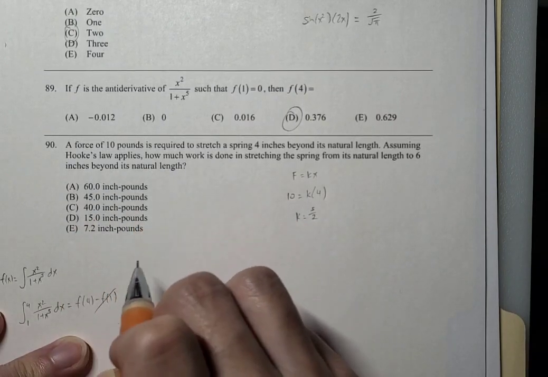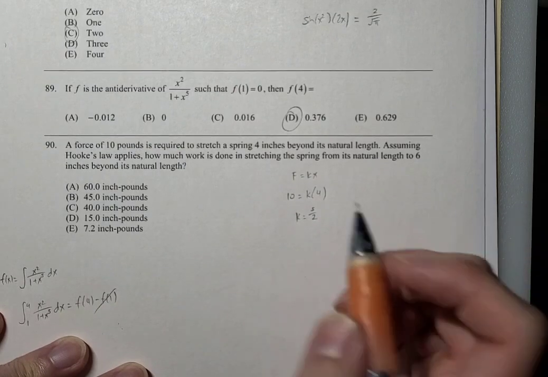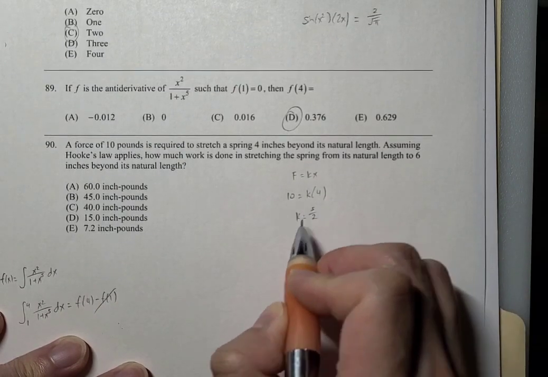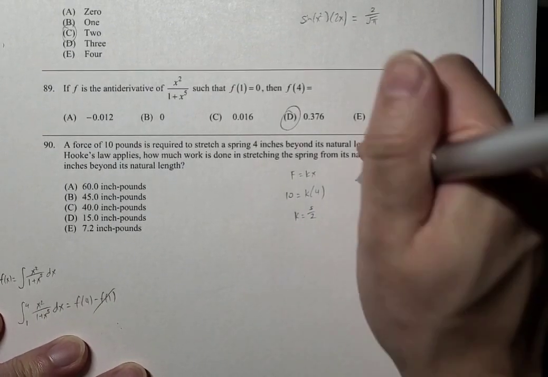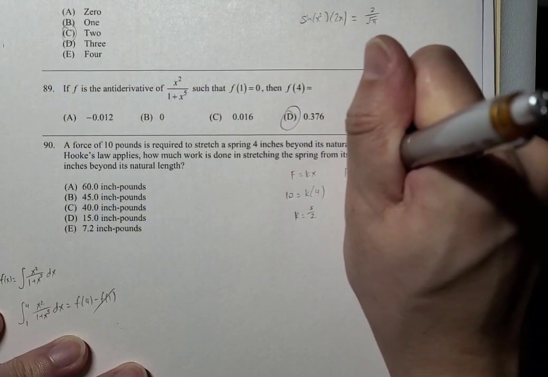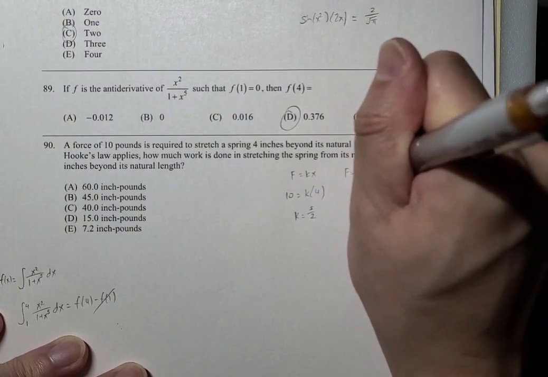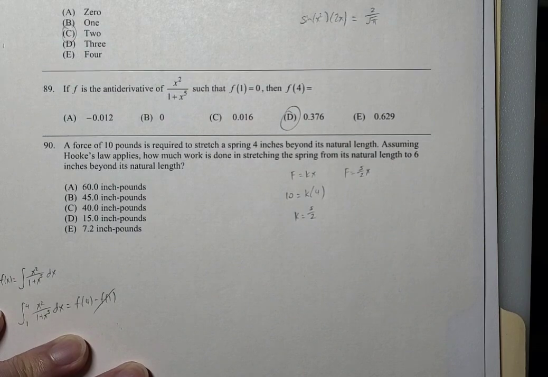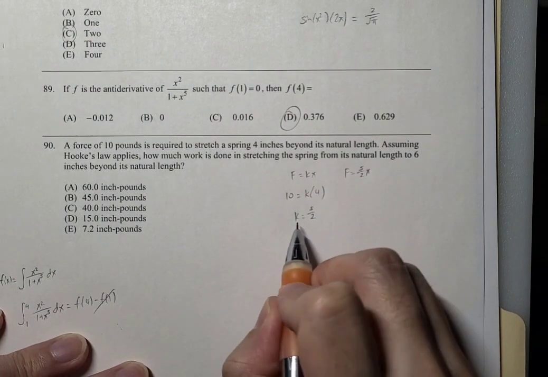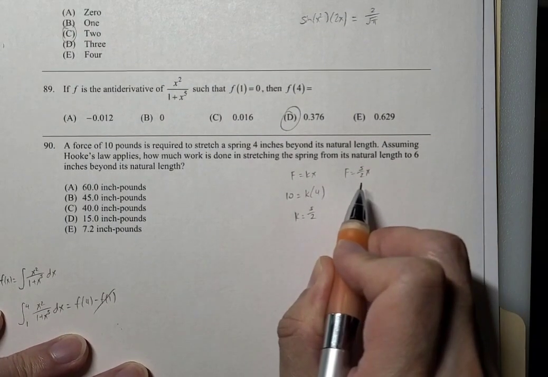Work is force times displacement, okay? So force, we know it's 5 over 2x, or force dotted with displacement is the more accurate term. But anyway, so force is 5 over 2x.